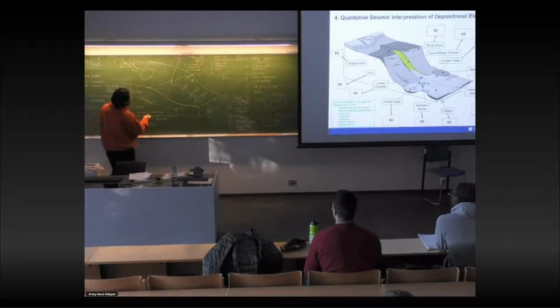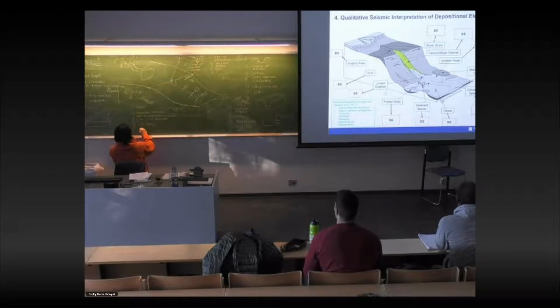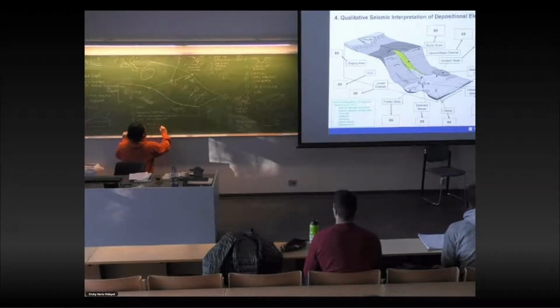In this part you can have a low velocity, for instance, but then you can have a high velocity below here. So we can say this is low to high velocity.